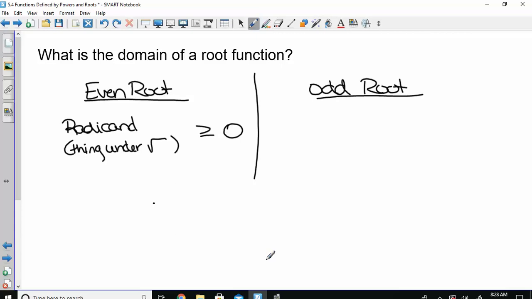So if I'm doing a square root, a fourth root, a sixth root, whatever's underneath that has to be greater than or equal to 0. Odd roots are really nice because you can do the cube roots of positives, you can do it of negatives, you can do it of 0. So if it's an odd root, it's an automatic negative infinity to positive infinity. You can put anything in the world under an odd root.